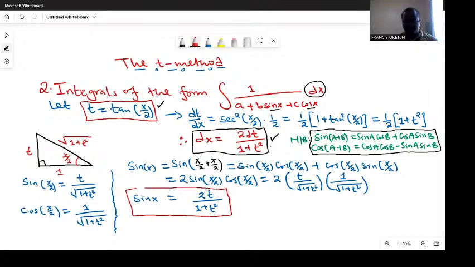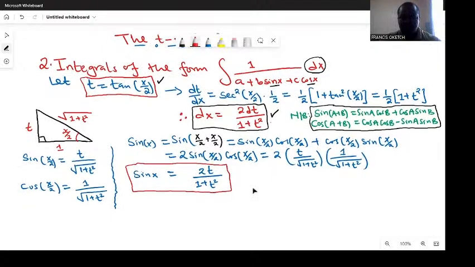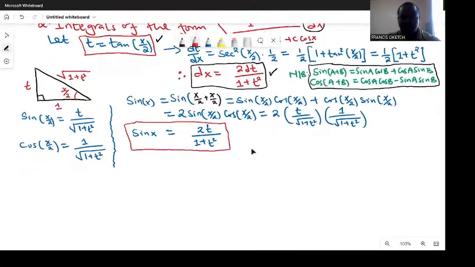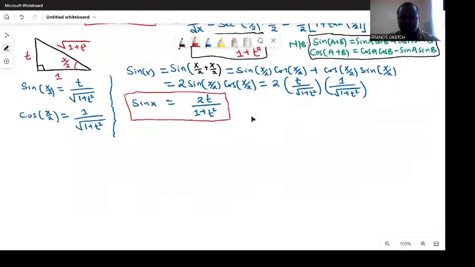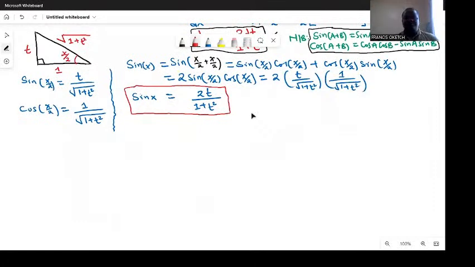So similarly, let us see how to find cos x in terms of t. You want to express cos x in terms of t, so what you do, you break it down into cosine of x over 2 plus another x over 2. Similarly, we need cos x. How can we write this? This is the same as writing cos of x over 2 plus x over 2.